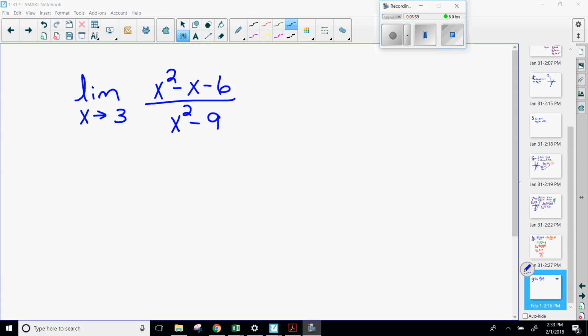Before you factor, because sometimes you're going to get 7 over 0. If you get 7 over 0, factoring is not going to help you at all. Because what's 7 over 0? Undefined. What would a graph that says undefined look like?